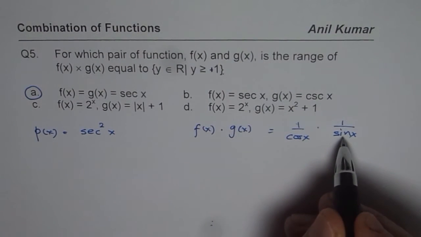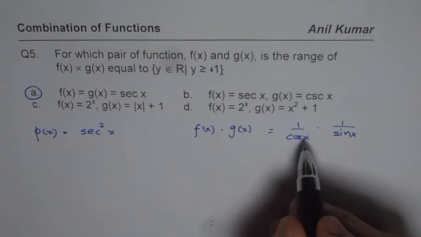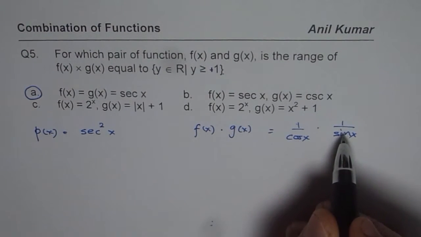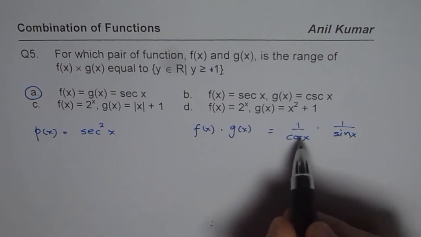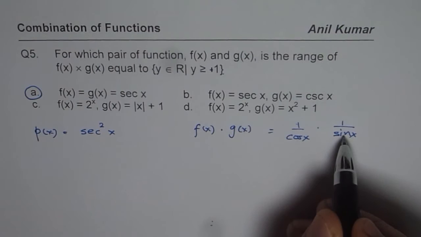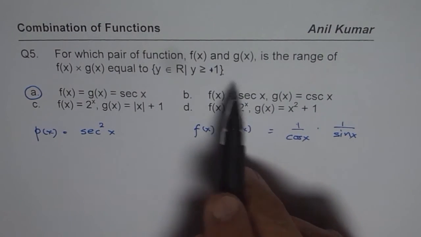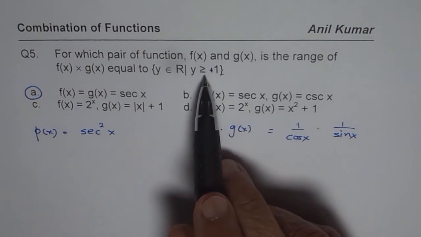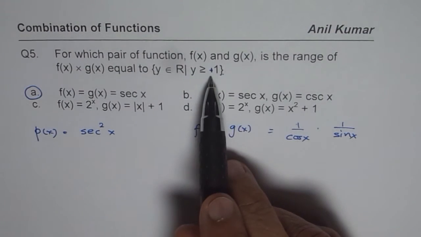Now these functions could be 0, so they will give a value which is infinite. These functions could be positive and negative, right? So they will give you negative values also, right? So here we expect negative values also, and therefore they do not meet the criteria that it should always be positive and greater than 1.